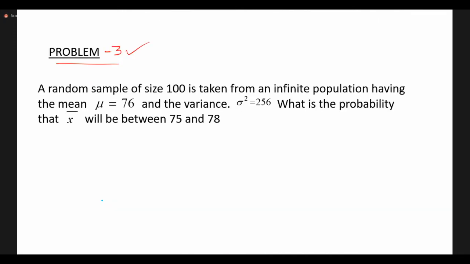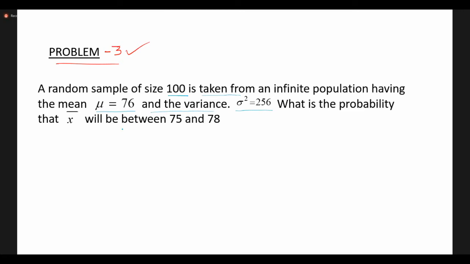Let's all of you note down the next problem. A random sample of size 100 is taken from an infinite population having mean mu equal to 76 and variance sigma square equal to 256.